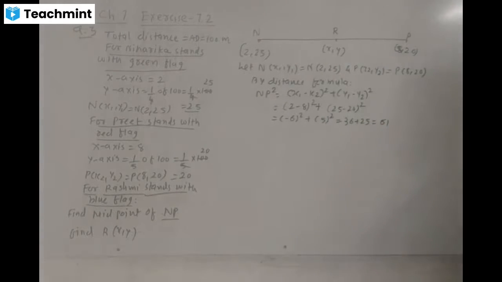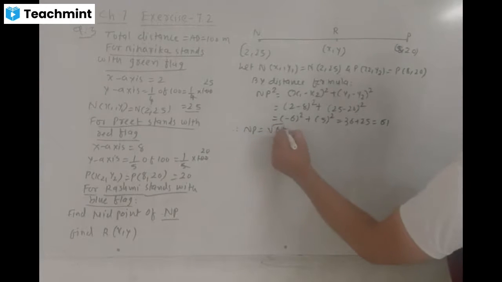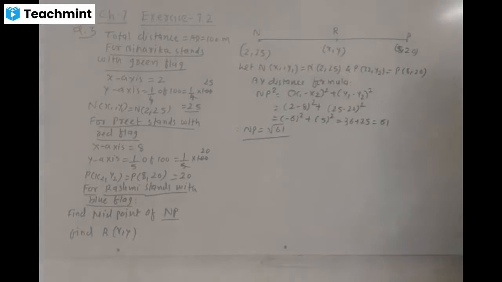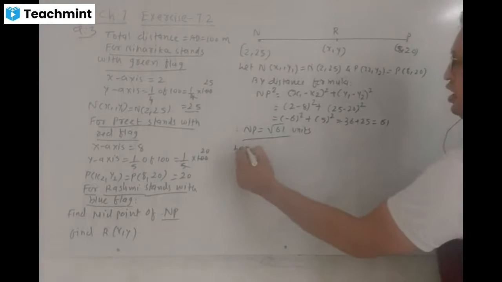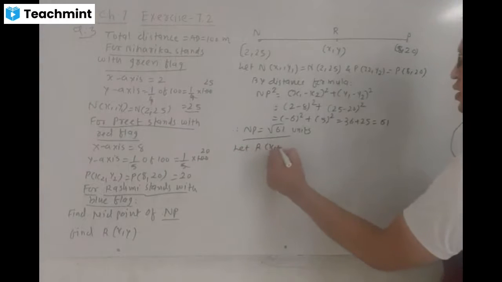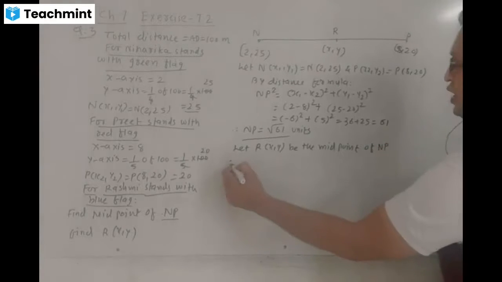Therefore, NP is equal to root 61 units. So the distance between Niharika and Preet is root 61 units. Here, Rasmi stands with a blue flag. Let R(x, y) be the midpoint of NP.